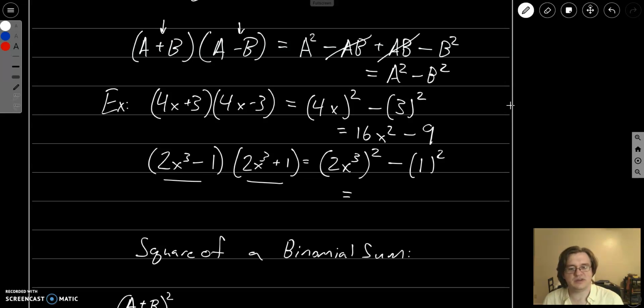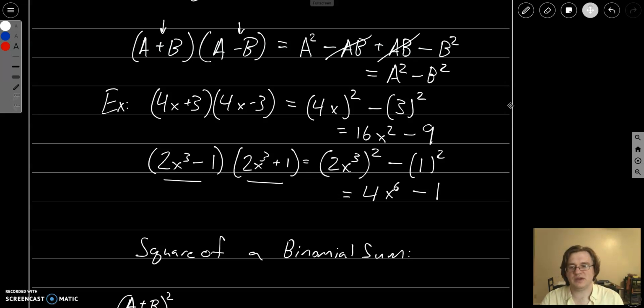And again, we can simplify this. 2x cubed squared, 2 squared is 4, and x cubed squared will be x to the 6th power. And then likewise, we'll have 1 squared, and 1 times 1 is just 1.